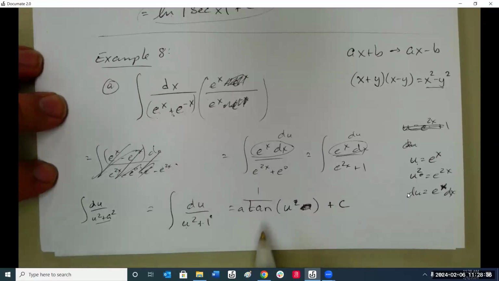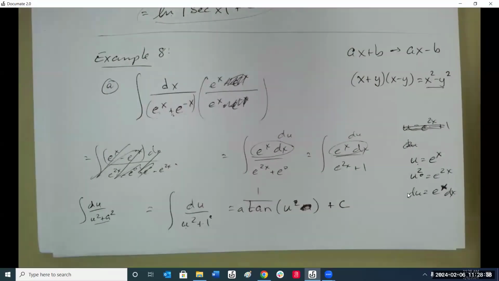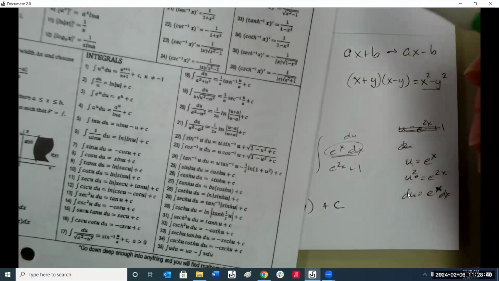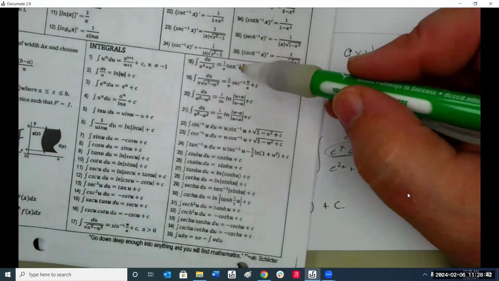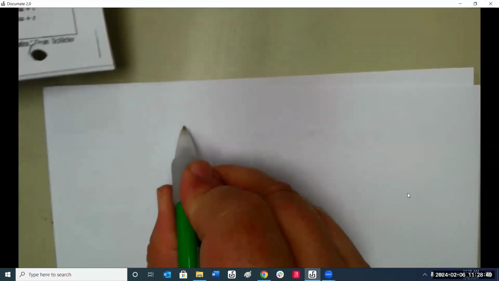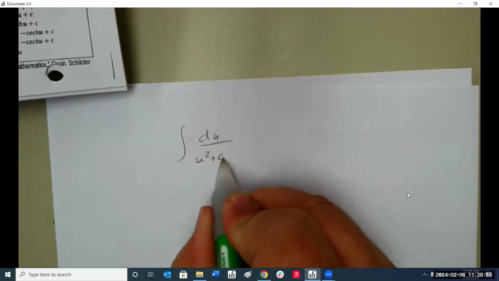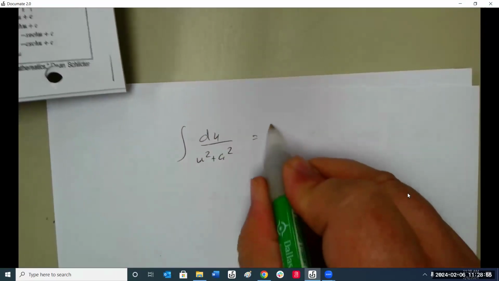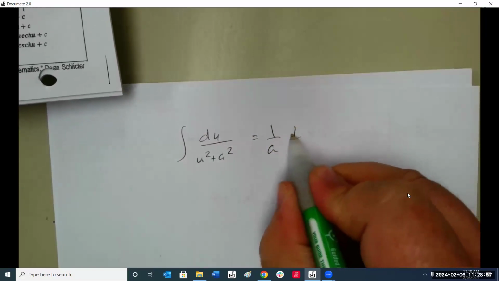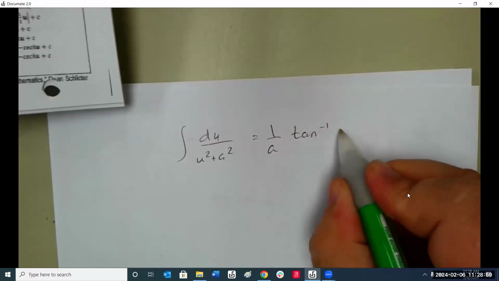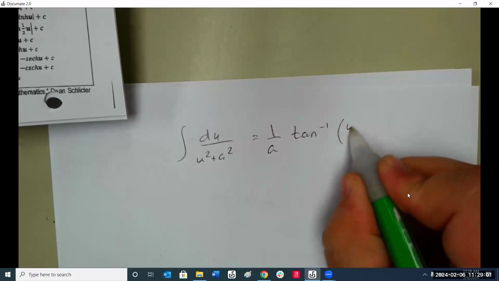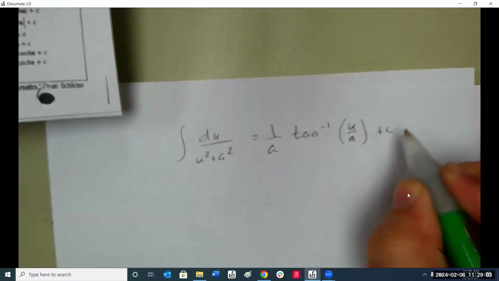I don't know, it's weird. Yeah, but this is saying that the integral of du over u squared plus a squared is equal to 1 over a tangent of u over a plus c.